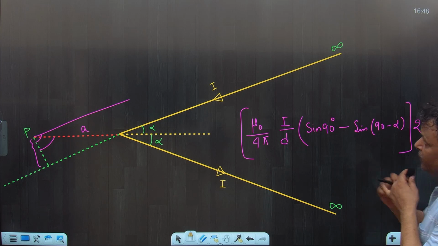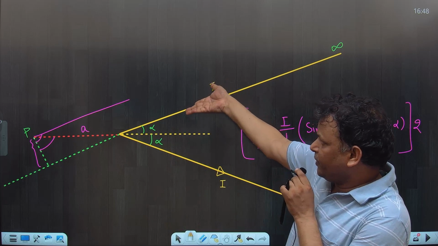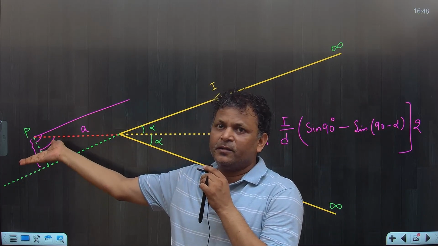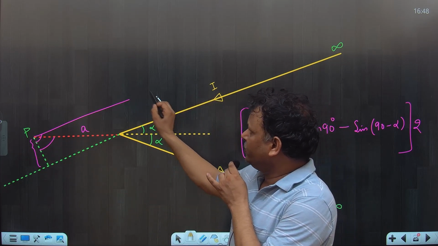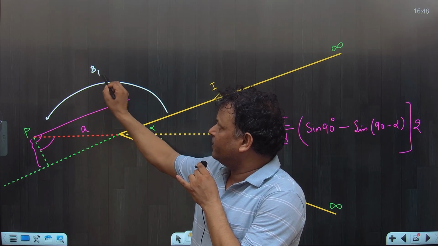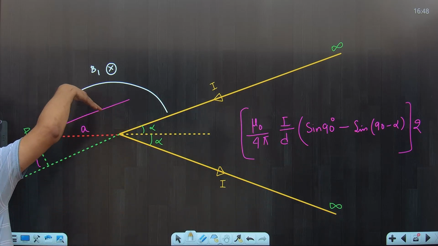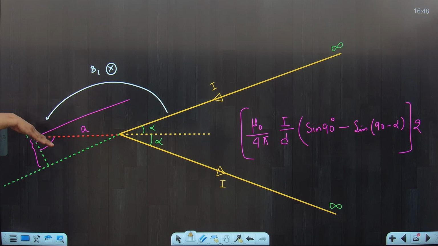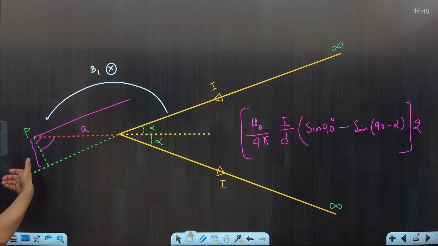You see, this current is going like this, you have to find the magnetic field at point P. You keep your right hand fingers along the sense of current, palm towards that point P, thumb goes inside, so B1 is inside. Due to this part, you keep your right hand fingers along this, palm towards that point, or simply keep your right hand fingers along this and turn it towards P, your thumb goes down.